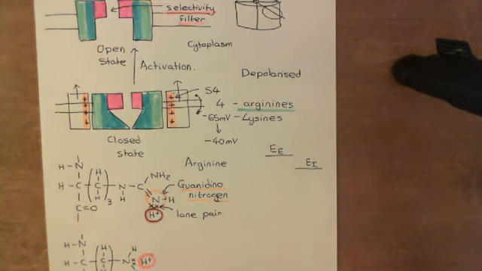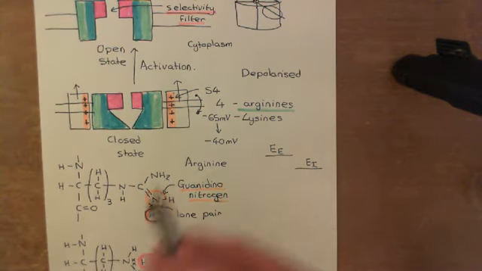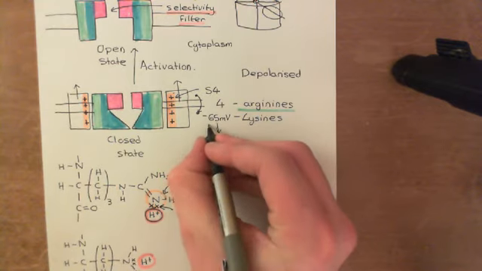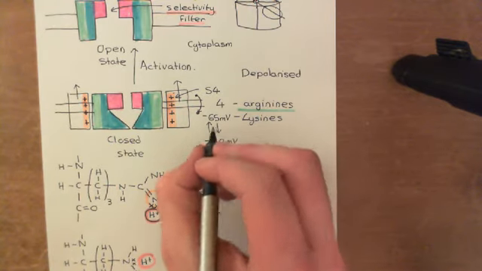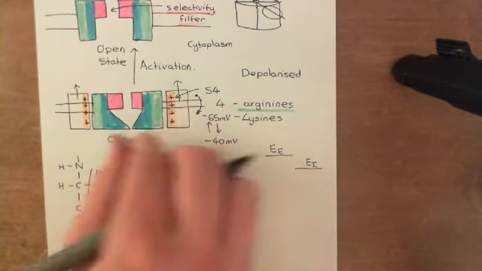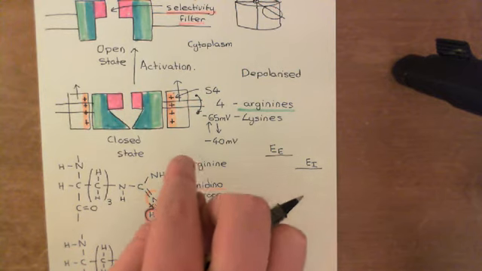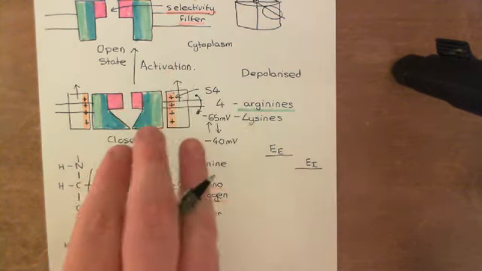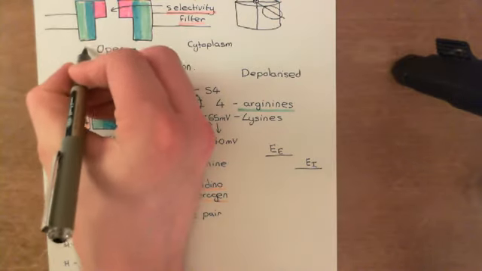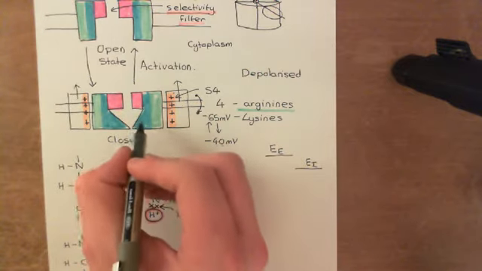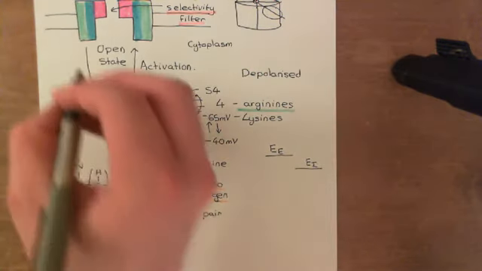Okay, so just a little bit more nomenclature. When the electrical potential difference across the cell membrane is returned back down to negative 65 millivolts, what will then happen is the S4 helix will be pulled back down, because now it's going to feel a greater attraction once again back into the intracellular compartment, and then the reverse conformational change will occur, and you'll go back from being in the open state to being in the closed state, where the S6 helix is obscuring the intracellular portion of the pore.